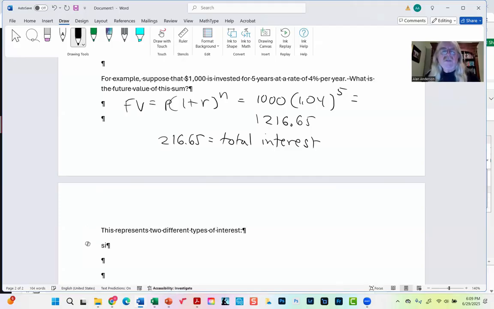We have what's called simple interest, which is interest on the invested principal. And we have something called compound interest, which is interest on interest. Now, what does that mean?